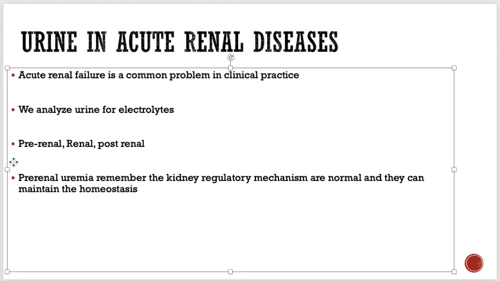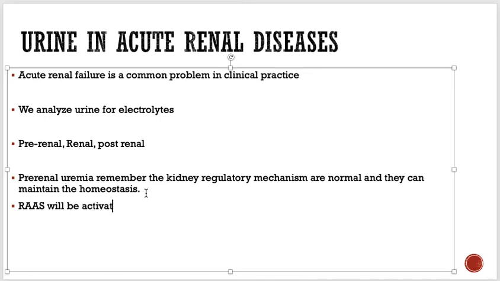So what happens, because now the kidneys are normal, there is a juxtaglomerular apparatus which senses that there is less renal blood flow. So what is activated? The renin, angiotensin, aldosterone system will be activated.